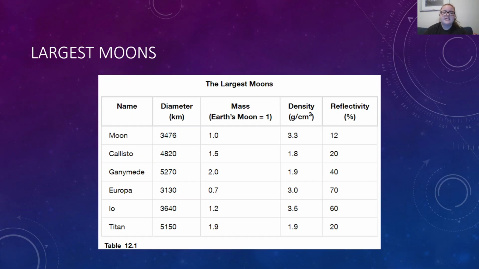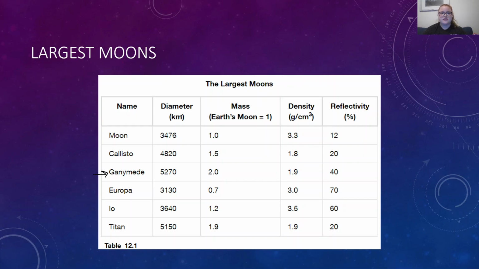So let's look at the few largest moons, and that would be our moon, Callisto, Ganymede, Europa, Io, and Titan. These are not in order of largest to smallest, but they do have their diameters here. Ganymede is our largest with a diameter of 5,270 kilometers. The second largest would be Titan, then Callisto, then Io, the moon, and Europa.